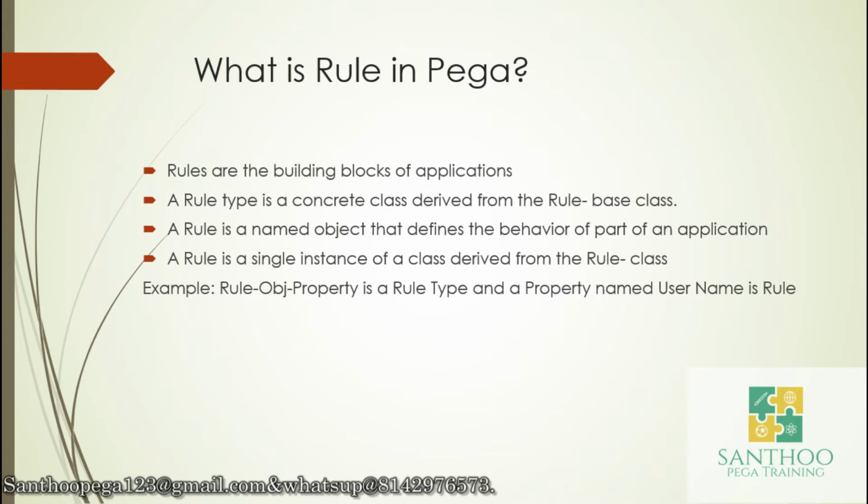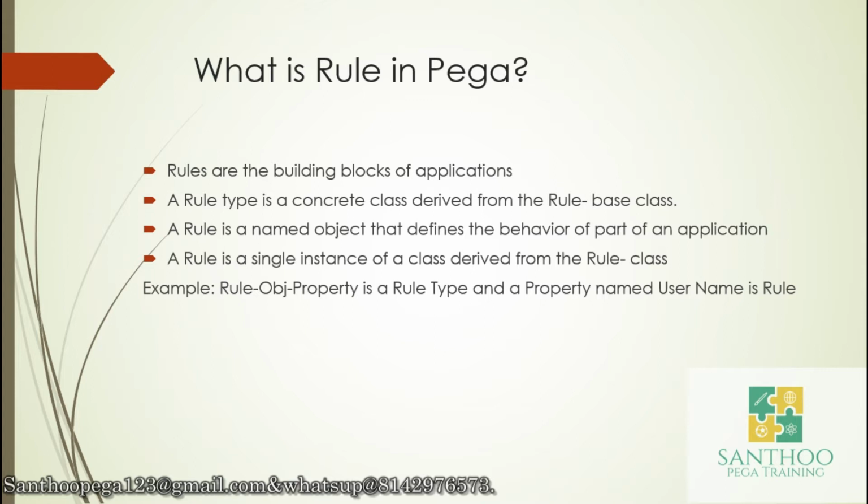The type of rule inherits its functionalities, whatever logic we're building, from the Rule-Base class. We'll discuss further what base classes we have and how they work. Suppose I'm designing the UI, or developing decision related rules.